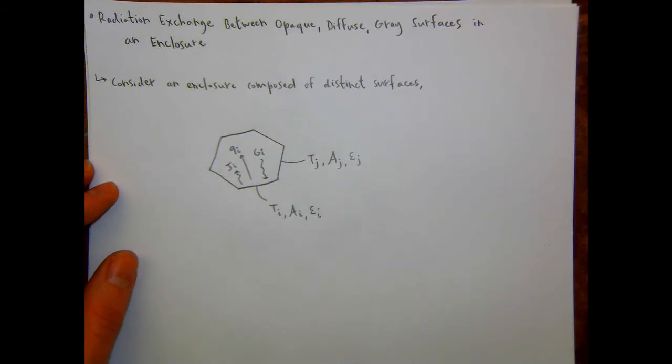And this is not as unrealistic of a situation as it might initially seem. You could consider a room that has several different windows, and the windows are going to be at a given temperature if the outside is at a much colder temperature than the room, and the walls are going to be at a different temperature depending on the temperature in the room, and also maybe one wall is adjacent to a room that is much colder than the other wall, and the floor is typically much colder than the walls and the rest of the room, unless you have radiant heating, for example, in which case it can be warmer.